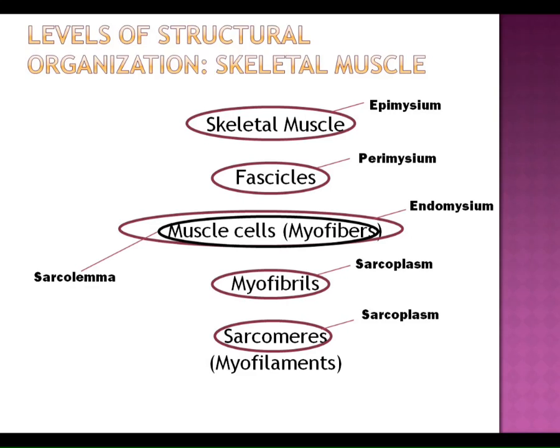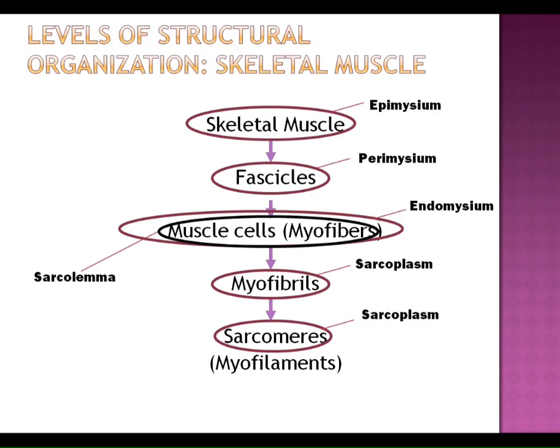So starting from the top, skeletal muscle as a whole is made up of fascicles. Fascicles are made up of muscle cells. Muscle cells are made up of several myofibrils, and myofibrils are made up of myofilaments. And the myofilaments give us the organization of what we call the sarcomere.